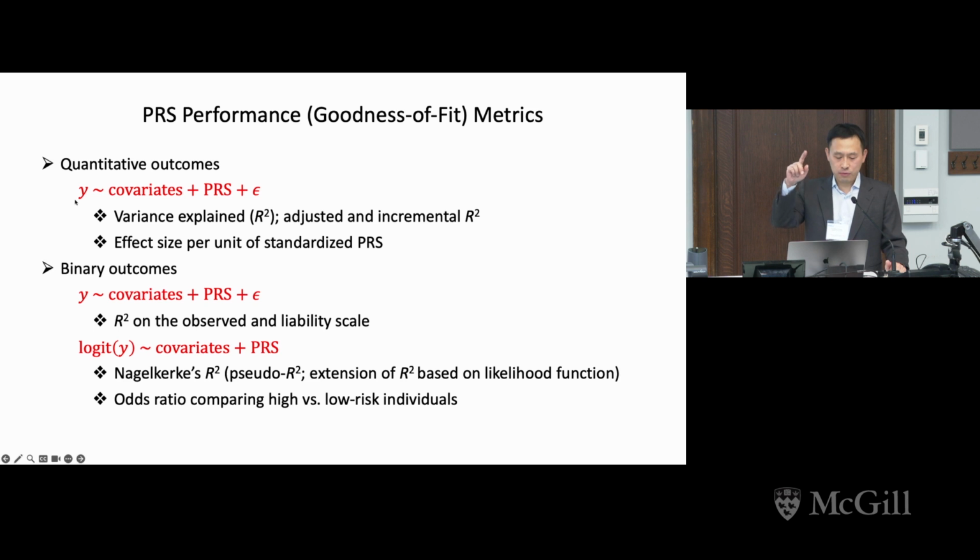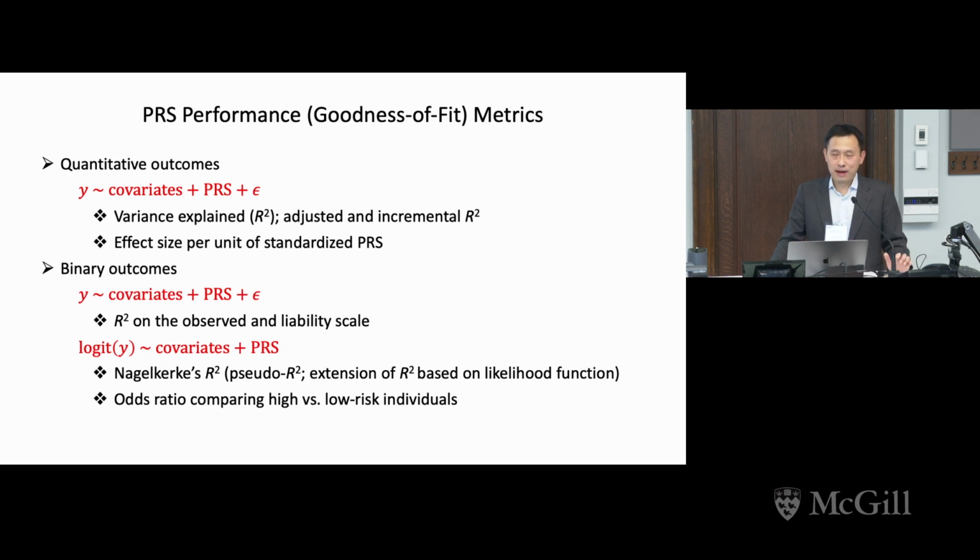You do a regression between the real height you measured in your target data set against the covariates, which is population structure characterized by the principal components, and your PRS. And you can compare the model with and without the PRS to see how much the PRS contributes to the model. So that is very straightforward. Two linear regressions, you are done.